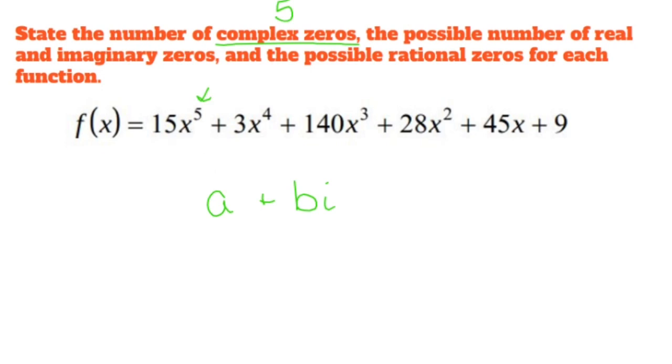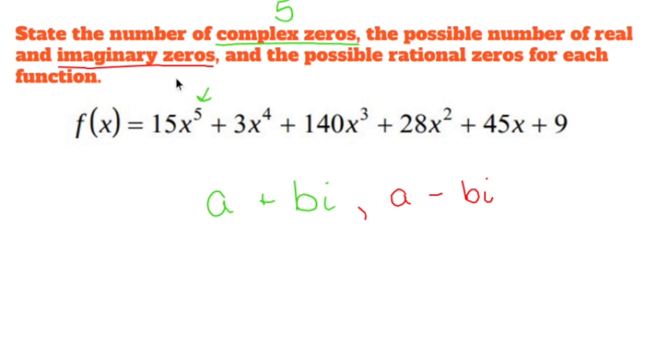Part 2, let's actually jump to imaginary zeros before we do real. If I were to have an imaginary number, like a plus bi, I have to have its conjugate also floating around as my answer as well. So imaginary zeros, if you're going to have one, you must have the other.